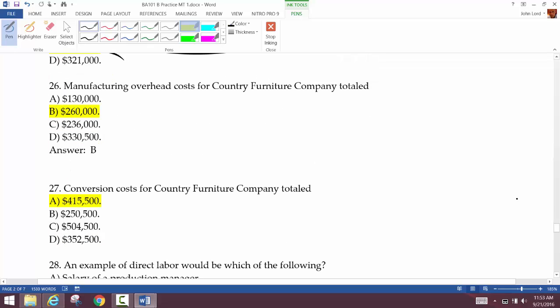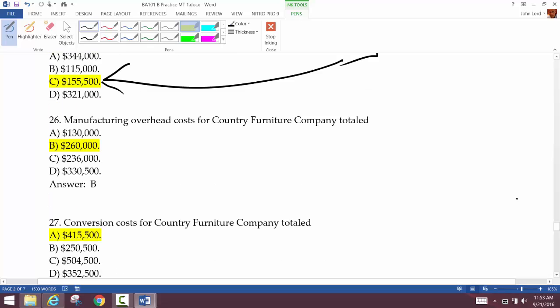Conversion costs. Conversion costs are going to be overhead and labor, right? Okay, so did I already get the overhead here? I got the overhead as 260, and I know that the labor I had up there was 155,500.